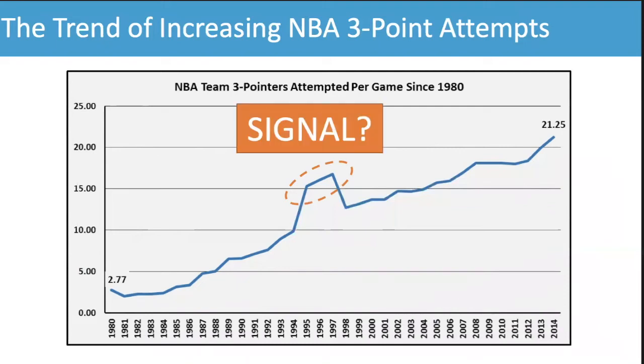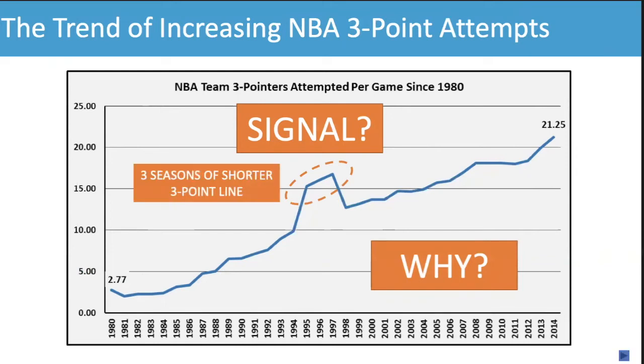There's that increase, and then there's a period of 3 years where it took a jump up, and then it jumped back. It deviated from that linear increase. And so when we see a signal, we hope we can understand and find a reason why. And I think there's a really clear difference in the NBA those 3 years.